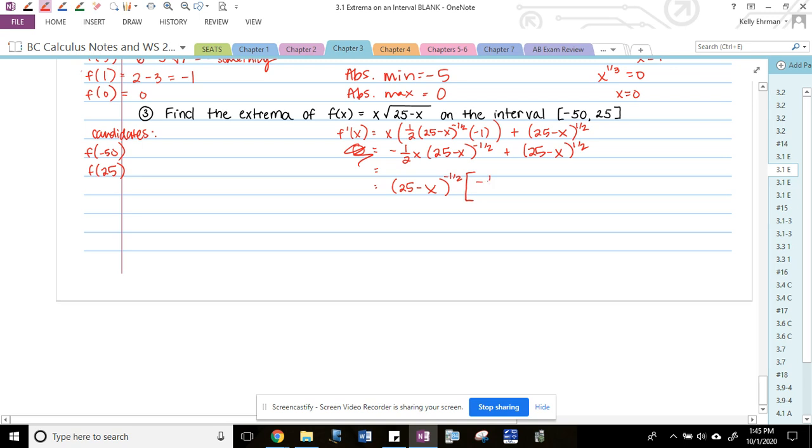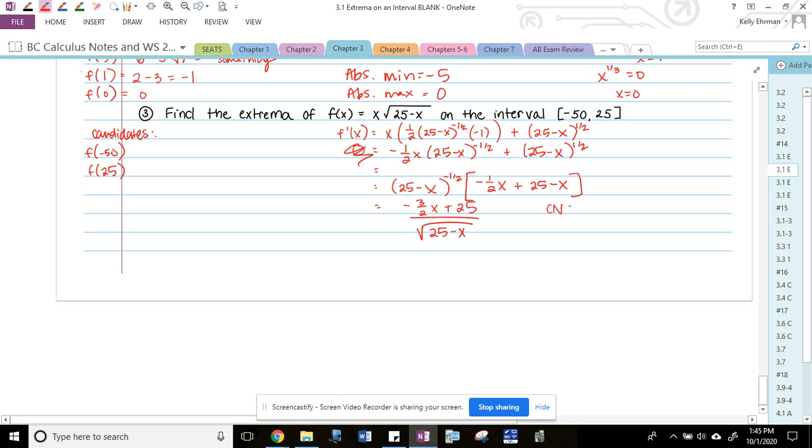We'd be left with -1/2 x, and 1/2 minus -1/2 leaves plus 25 minus x to the first, so I don't need parentheses around that. In the numerator I have -3/2 x plus 25, over the square root of 25 minus x.